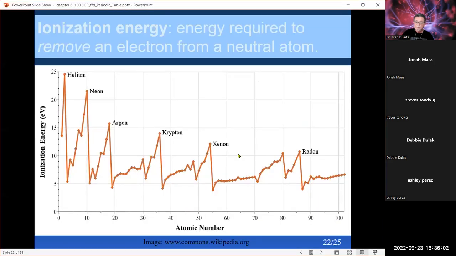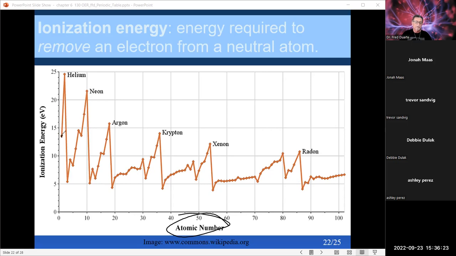That can be seen in this particular graph. The scale on the left-hand side is a measure of energy, and the x-axis is the atomic numbers going across the periodic table, showing the amount of energy it takes to yank off an electron.